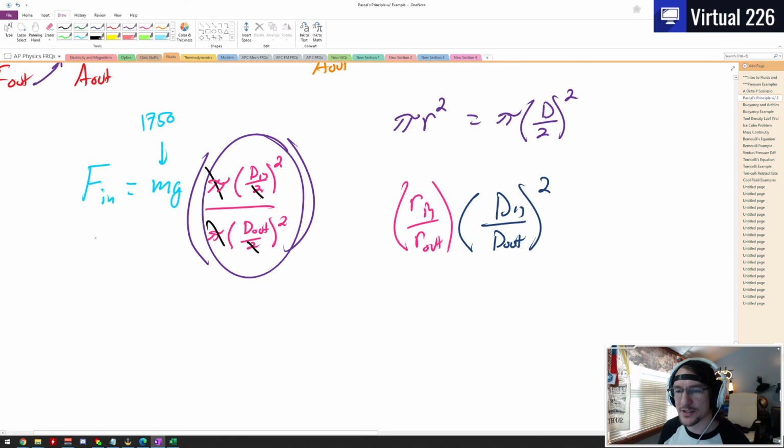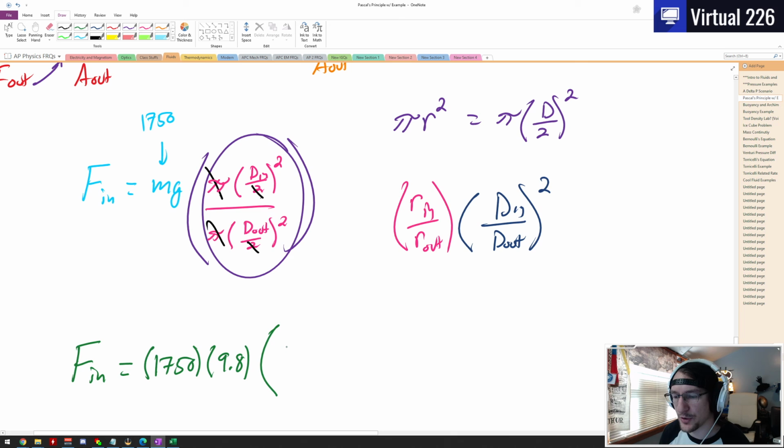So we can finally say here that the input force that we truly do care about is just equal to mg, so 1750 kilograms times 9.8 meters per second squared due to gravity, times the quantity of the input diameter, 0.015, divided by the output diameter, 0.246, and then we just square that.